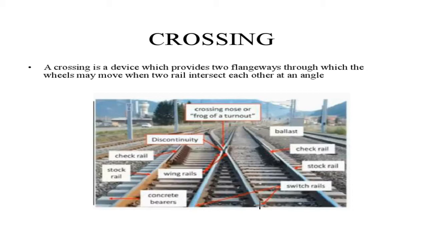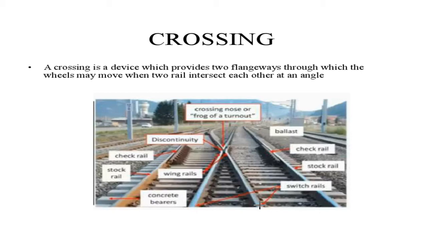So simply what we can say is, when one railway track is intersecting with another, or if it is crossing another railway track, then that arrangement is known as crossing. There are different types of crossing. In some crossings we require points or switches, and in some crossings, for example, if the track is meeting at 90 degree, then there is no need of a switch or point.